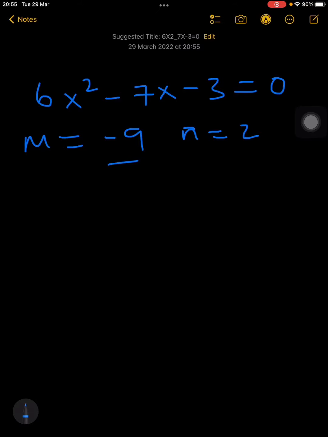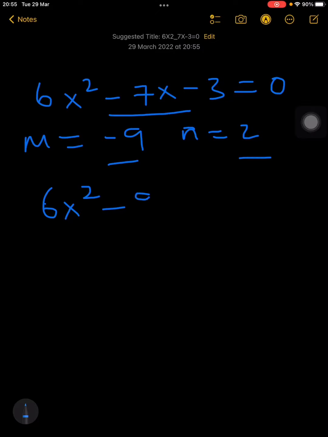So these two numbers are going to replace the negative 7 here. Then the others remain the way they are. We will not have changed anything. We are going to remove this negative 7, and in its place we have negative 9 and 2, but they should have x's.